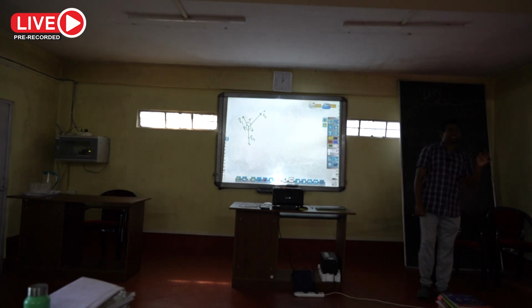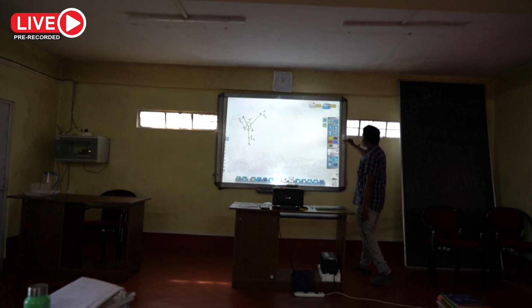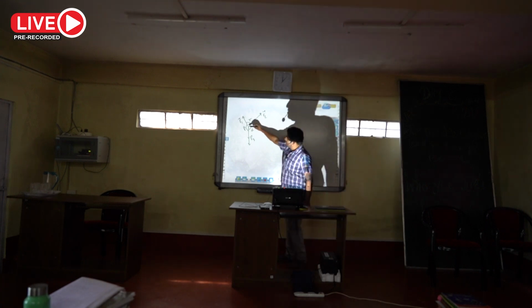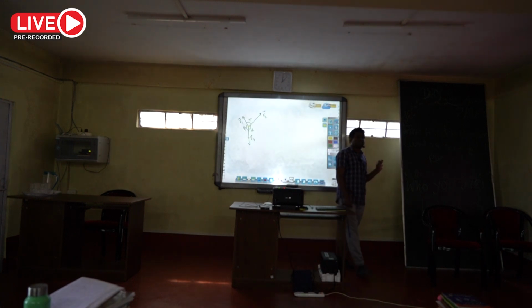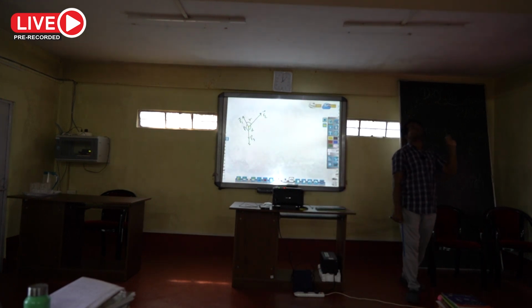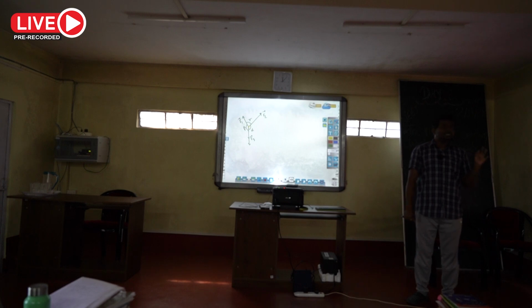Then it is said that these three forces are acting on a particle, and under the action of these forces, if the particle is in equilibrium, it can be either at rest or moving with uniform velocity, because both are conditions of equilibrium.